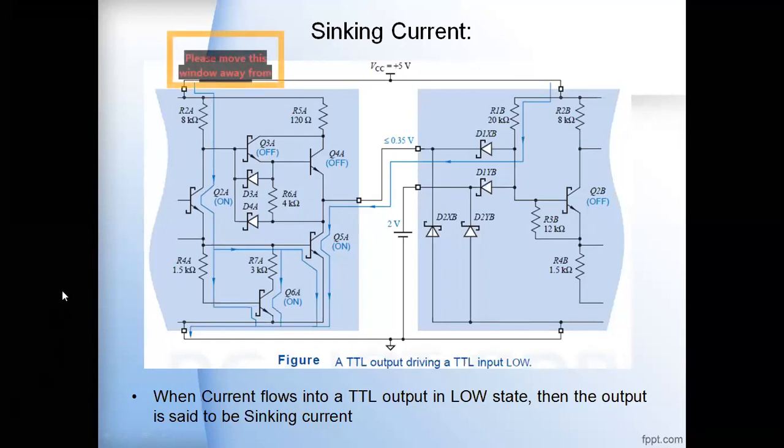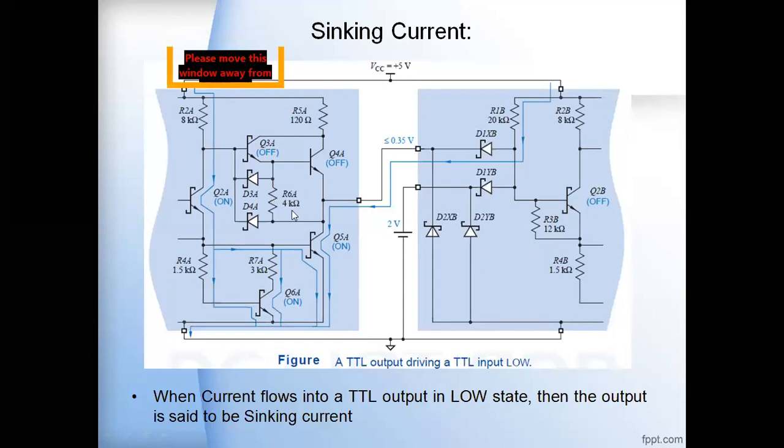You can see two stages of the TTL gates here: in the first, the output stage of the first TTL gate, and in the second, the input stage and phase splitter stage of the second TTL gate. The condition is when the TTL input of the second gate is driven by the low output of the other TTL gate.